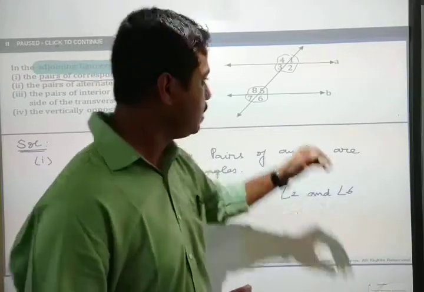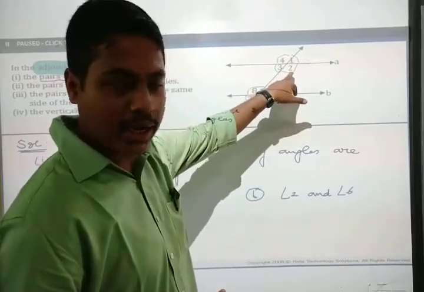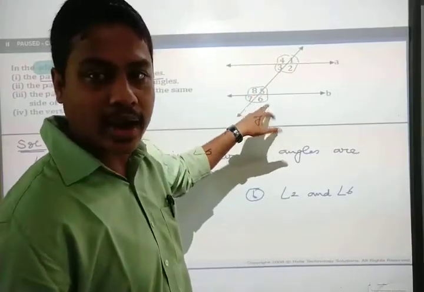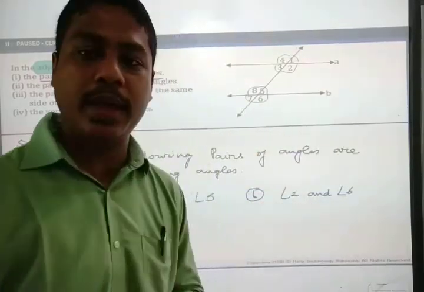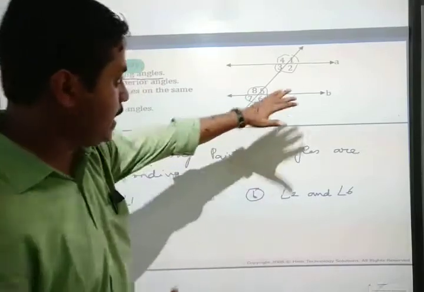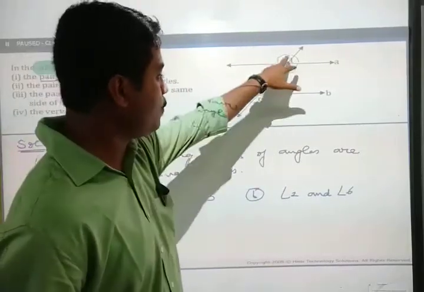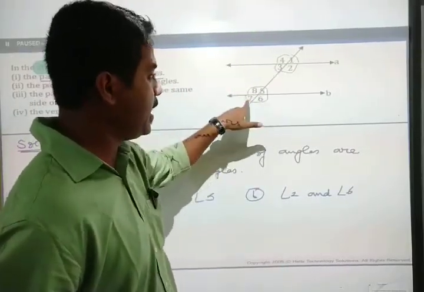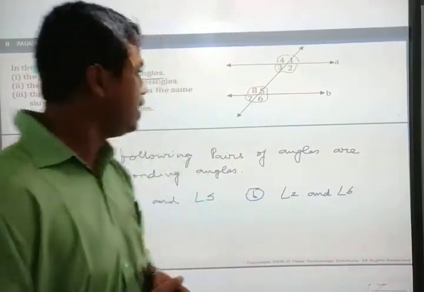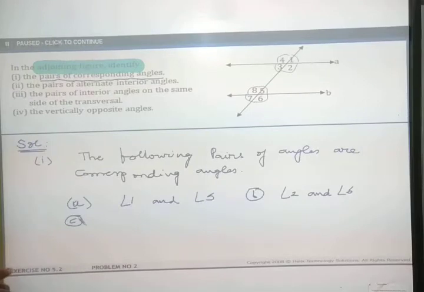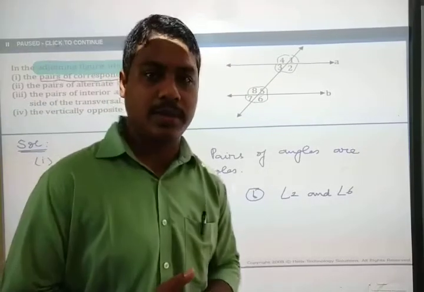Next, angle 2 is interior and angle 6 is exterior, and it is also on the same side of the transversal. So angle 2 and angle 6 will also be corresponding angles. Then on the other side, angle 4 and angle 8, angle 3 and angle 7 are corresponding angles. So that you have to write.